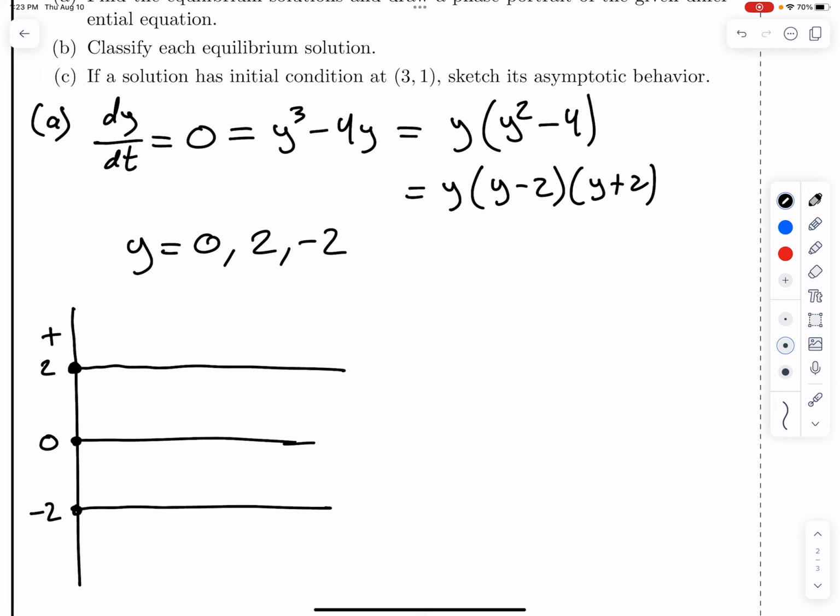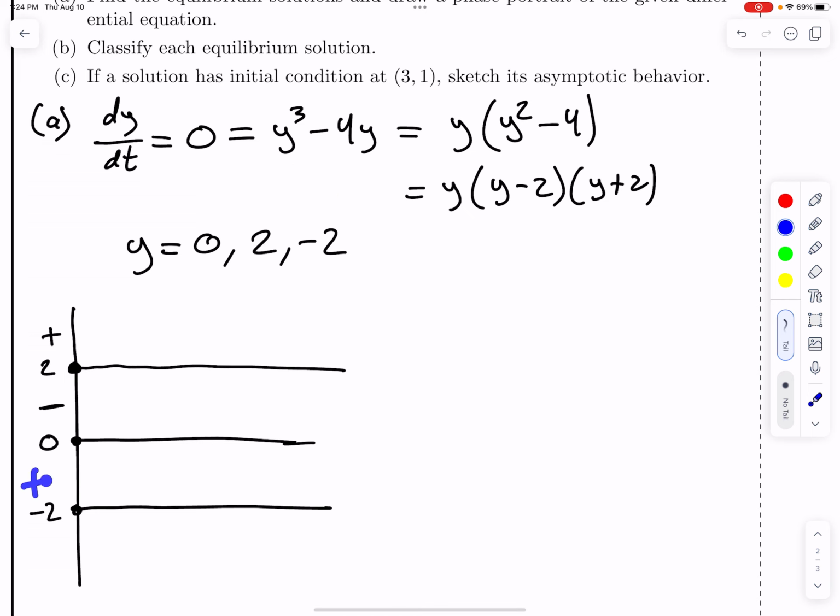And then what would happen if we were between 0 and 2? Let's say we had 1. We'd have basically 1 minus 4, which is going to be a negative number. So we are negative here. Then we could plug in a number between 0 and negative 2, say negative 1. We would get negative 1 times negative 1 plus 4, which is going to be positive 3.